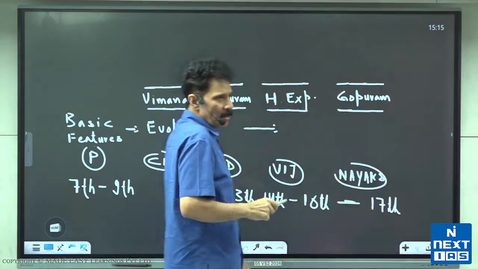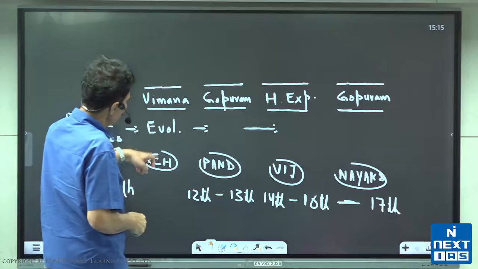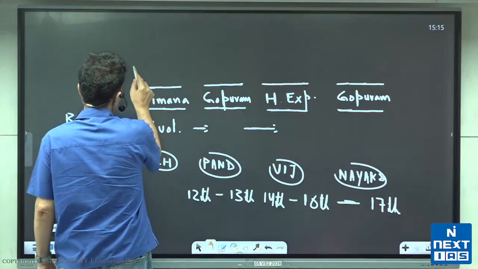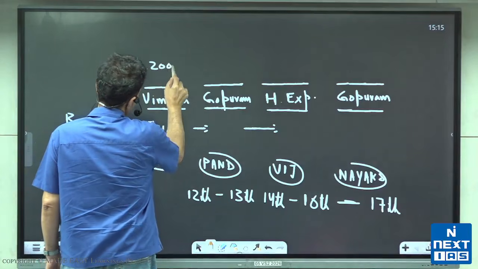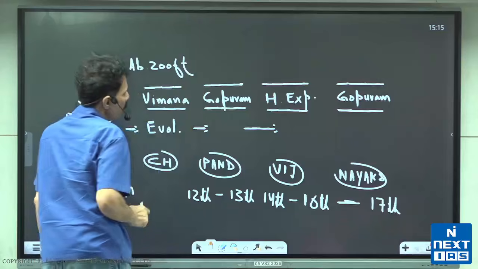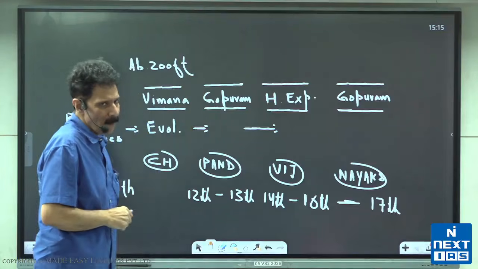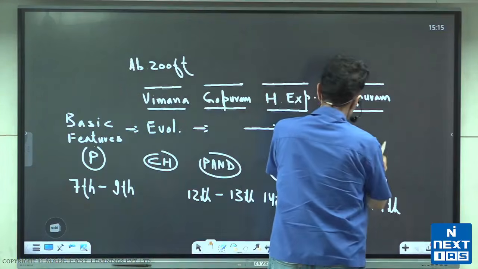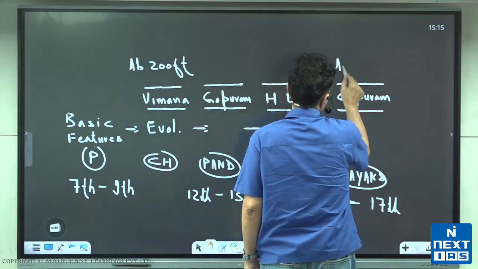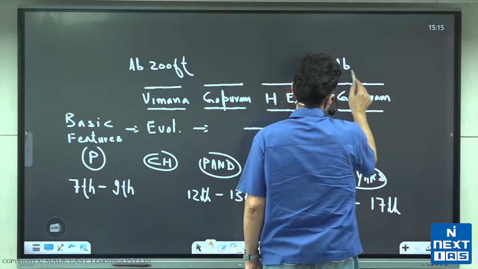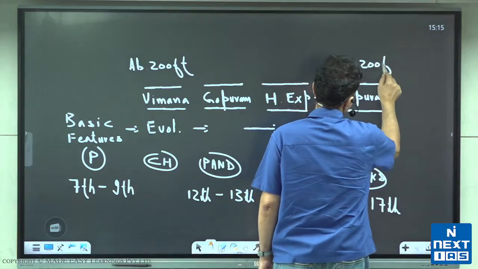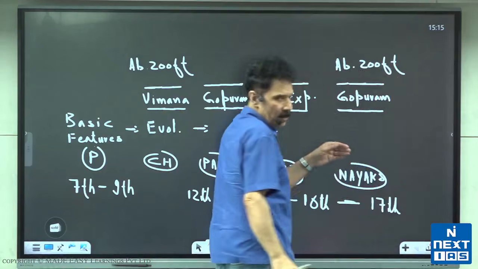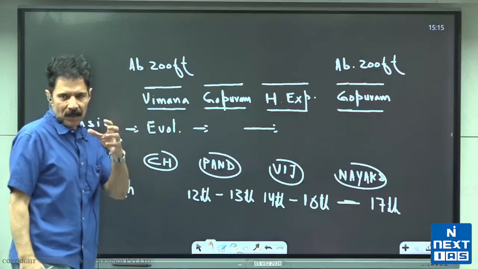Like I have said, the tallest Vimana constructed here under the Cholas, that is about 200 feet. And the tallest Gopuram constructed here, that also reached the height of about 200 feet. So we consider this the mature phase of the construction of Gopurams.